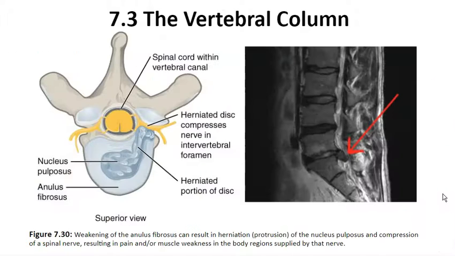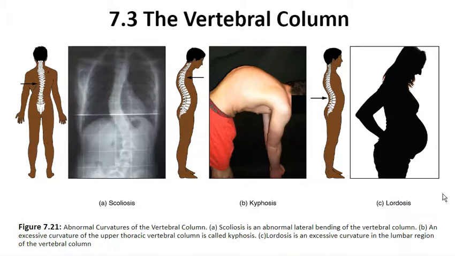Figure 7.30 shows how weakening of the annulus fibrosus can result in a herniated disc and compression of a spinal nerve, resulting in pain and/or muscle weakness in the body regions supplied by that nerve. Figure 7.21 illustrates the 3 types of abnormal curvature of the vertebral column.